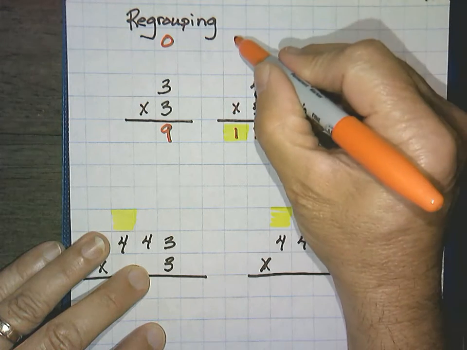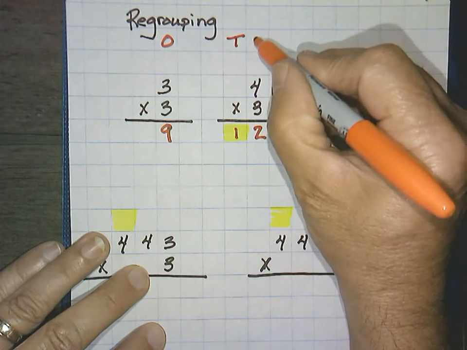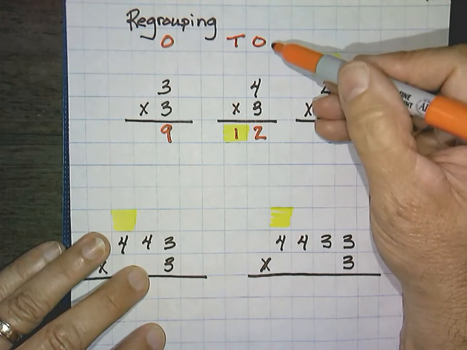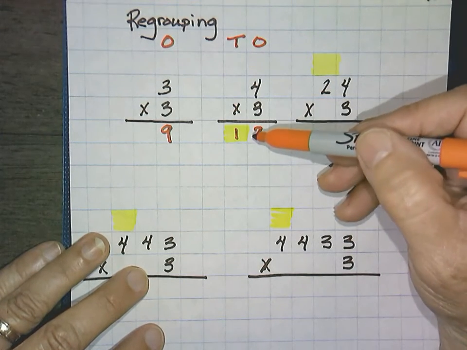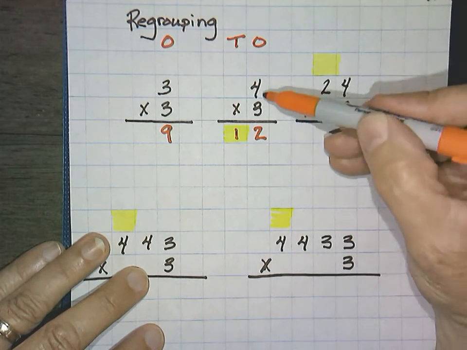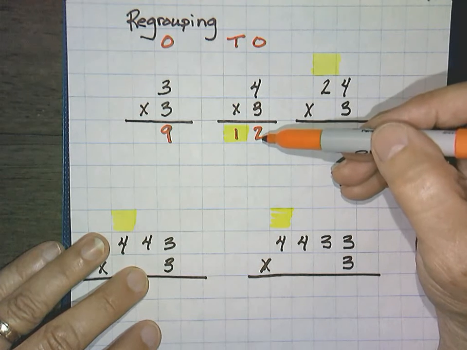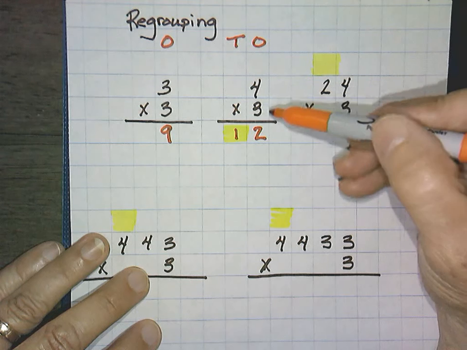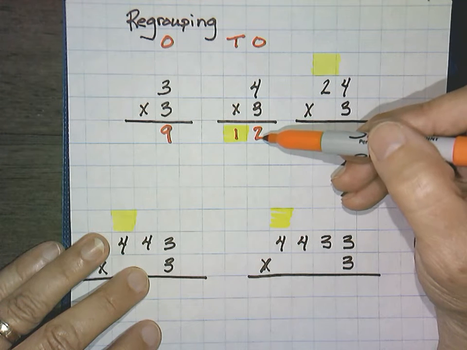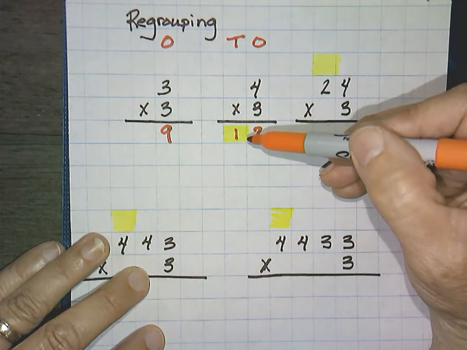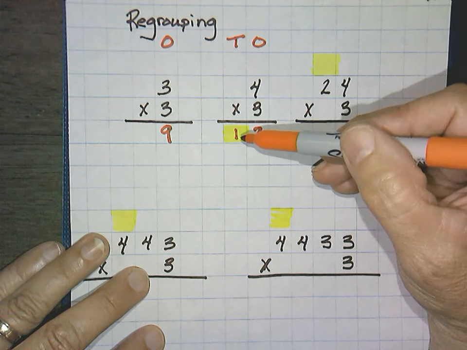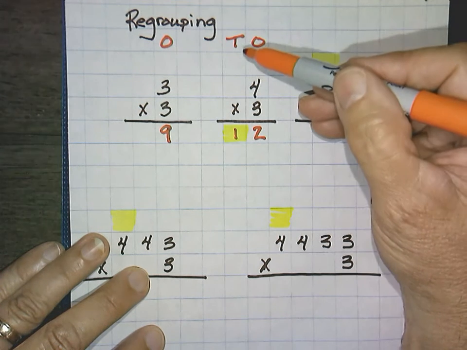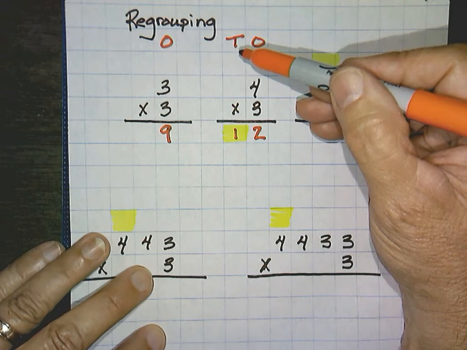And again, if we look at place value, that would be 1 ten and 2 ones. I purposely highlighted that box in yellow. Remember that when we're doing place value and we're doing multiplication or addition or subtraction, you can only put 1 digit in a place value. So because 12 is a 2 digit, the 1 automatically bumps over to the next highest place value, which in this case is the tens.